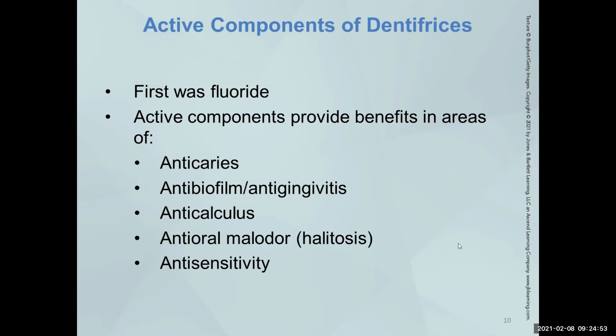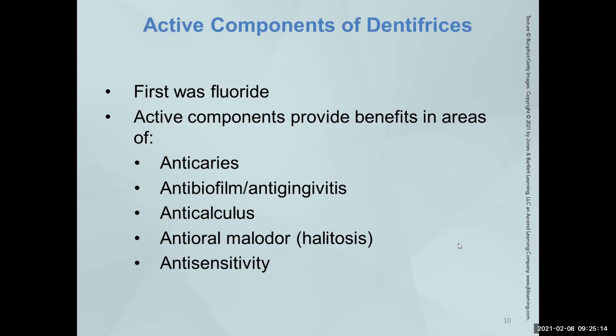And it's true, because Crest was the first toothpaste to come out with it, and they were using fluoride for a number of years before all the other toothpaste companies got on board. So they have prevented more cavities than all the other toothpaste combined. But what else can they do? Fluoride is anti-caries.